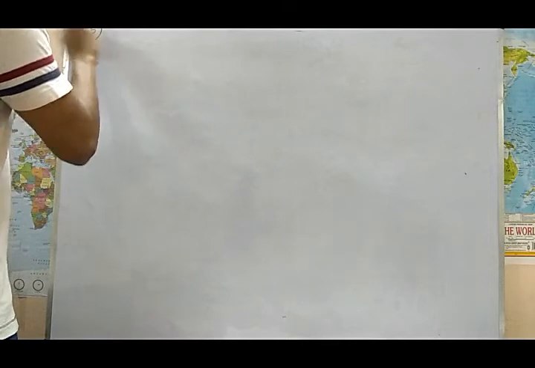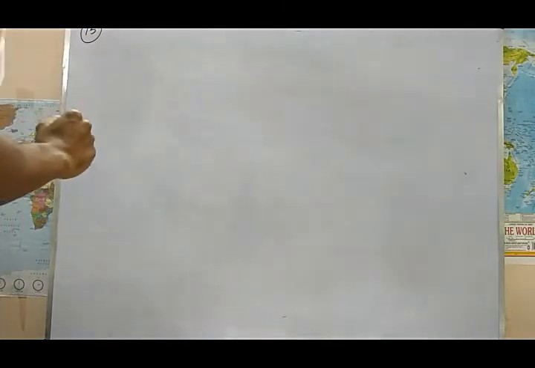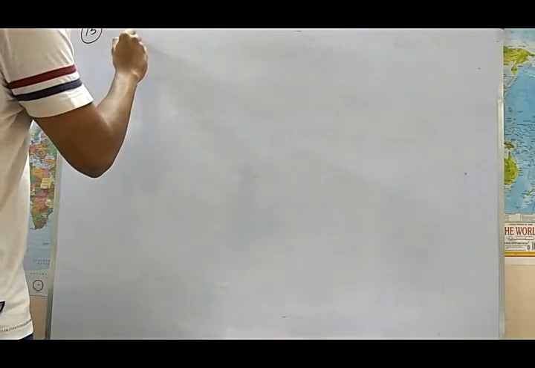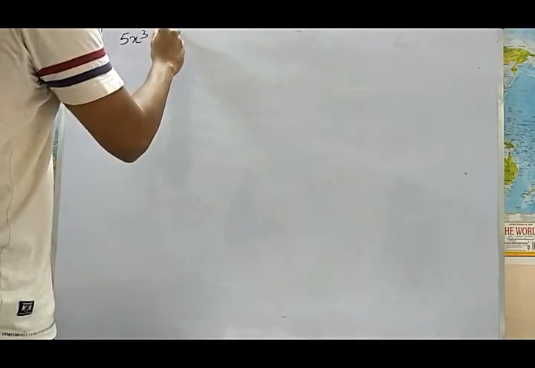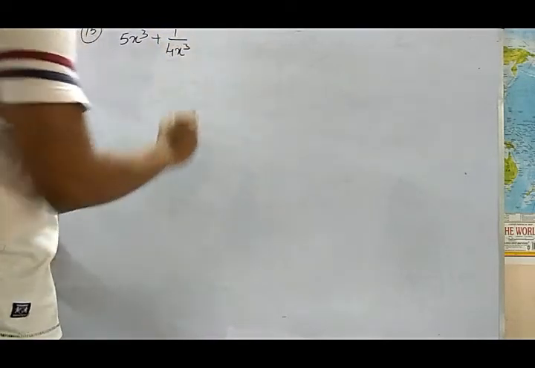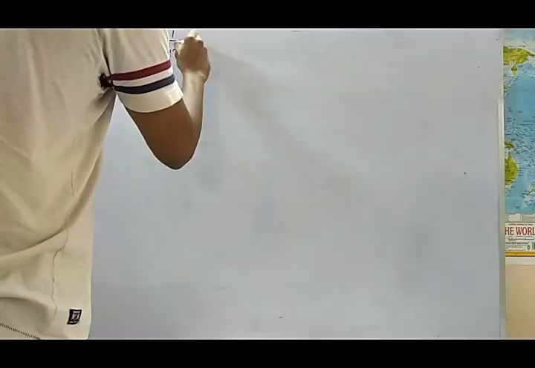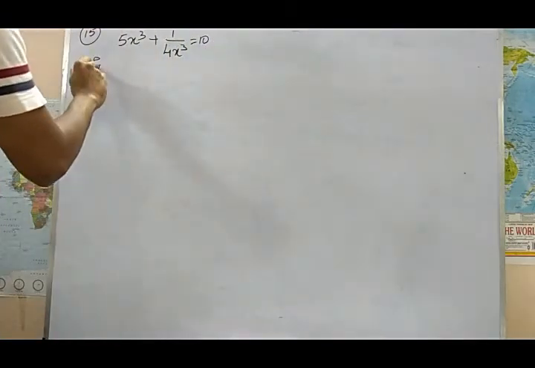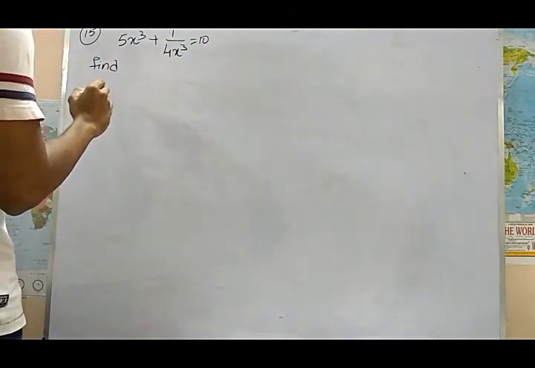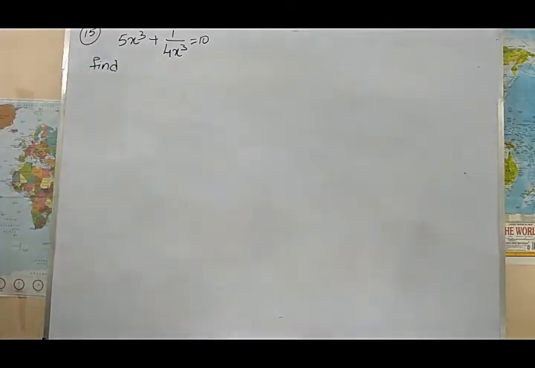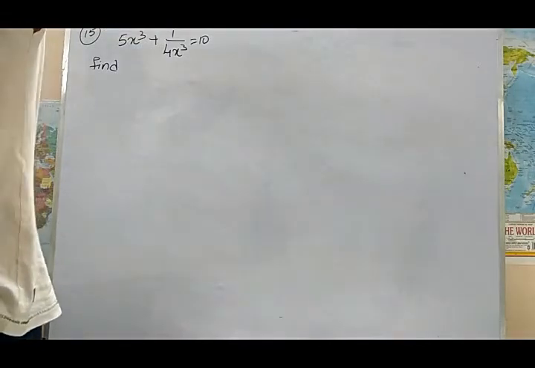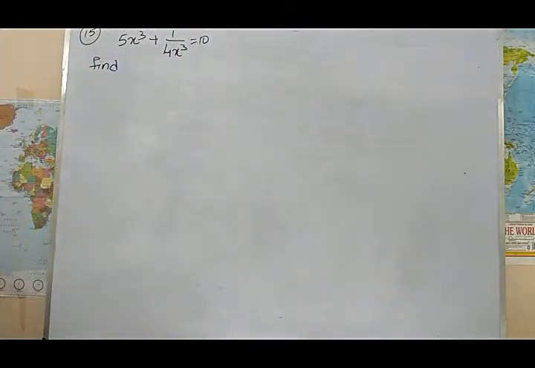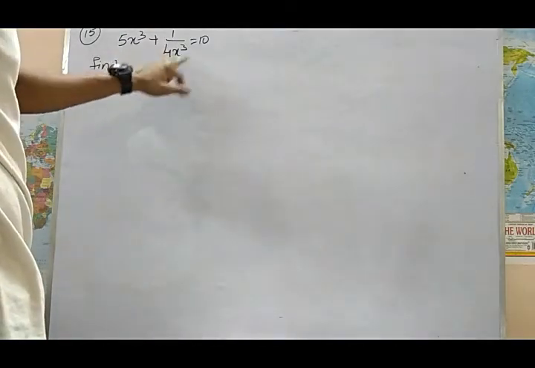What is our next question? Next question is 15th one. They give us 5x cube plus 1 by 4x cube equal to 10, and they ask us to find, what they might ask. 5x cube plus 1 by 4x cube equal 10.